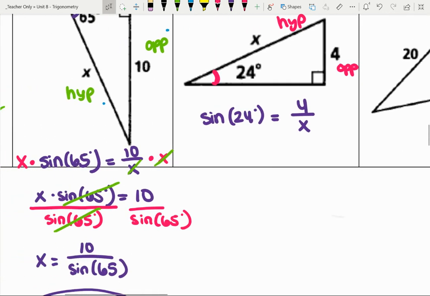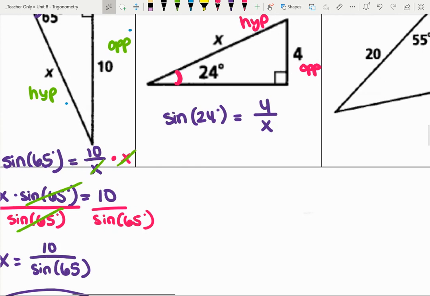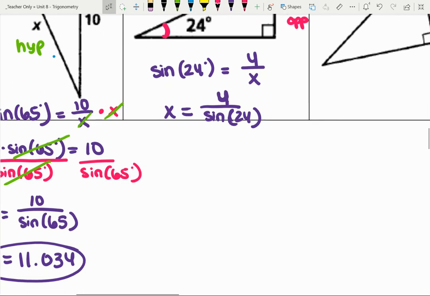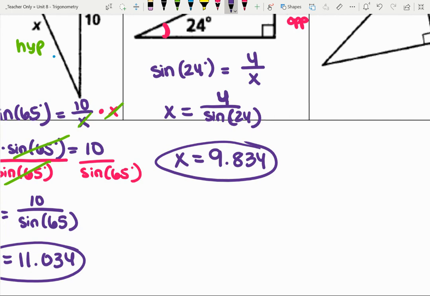With similar algebraic manipulation as in example 2, I would get x is equal to 4 divided by the sine of 24. And remember, when you're using your calculator, it's got to be in degree mode or it's got to be Desmos Scientific. And I will get x is equal to 5.834 when we round to 3 decimal places.